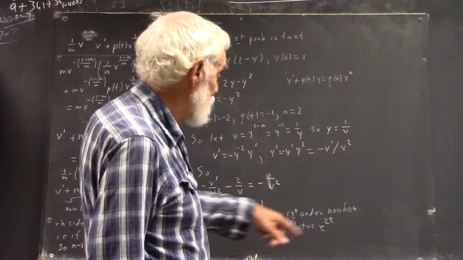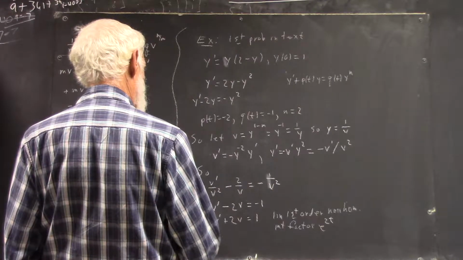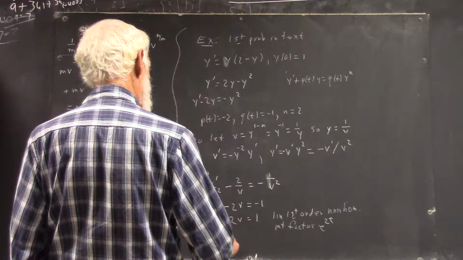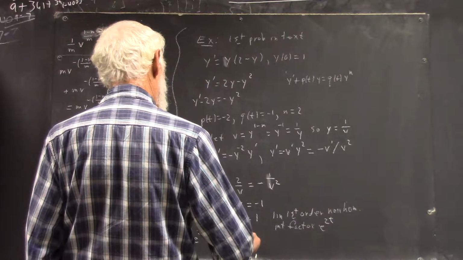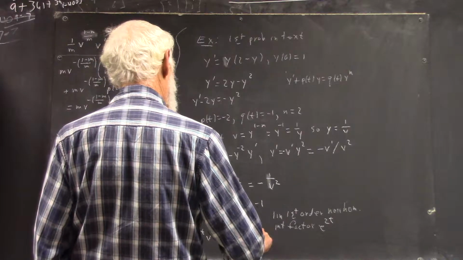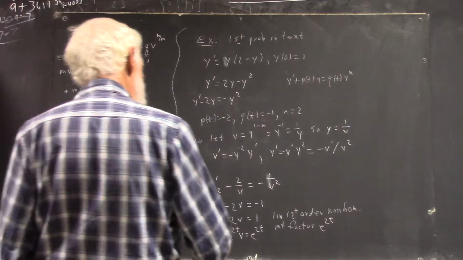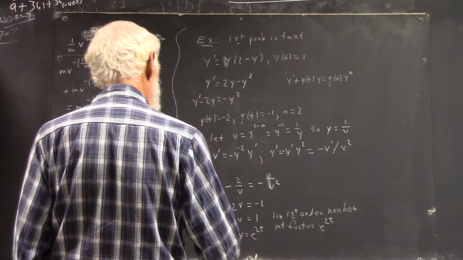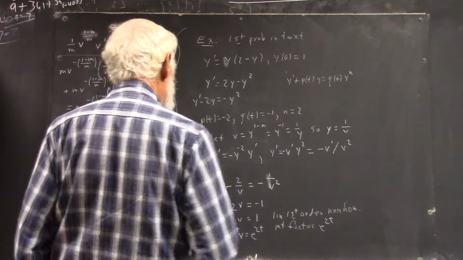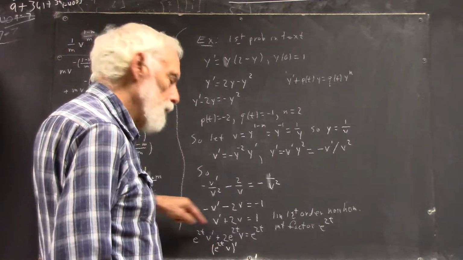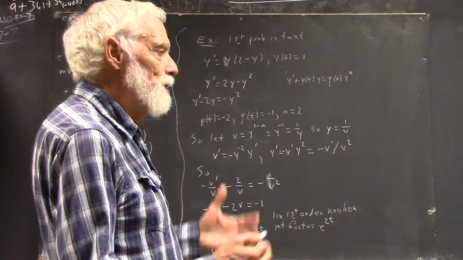Capital P is an antiderivative, so you get e to the 2t. So you get this. Your left-hand side is a derivative of e to the 2t times v, which you should always write down and verify. Okay? It seeps into your soul.